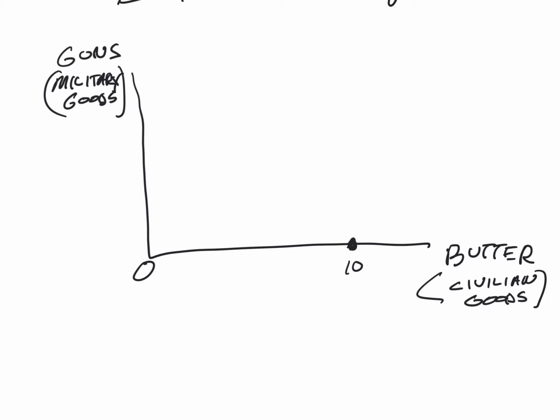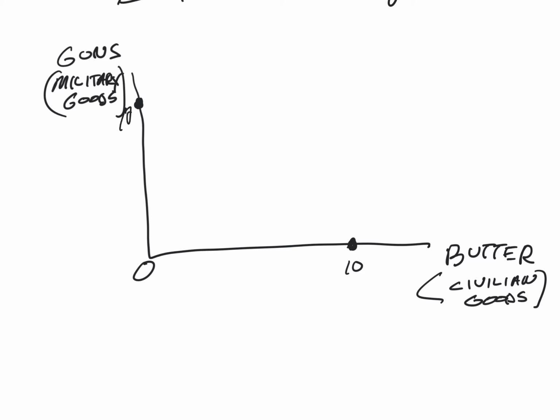So let's suppose gun production is right there. Maximum gun production. If we produce nothing but guns, all our resources going into guns, we can produce this much. So let's say that's also 10. Now, we can produce various combinations in between.